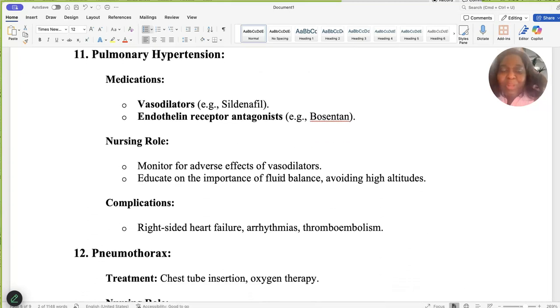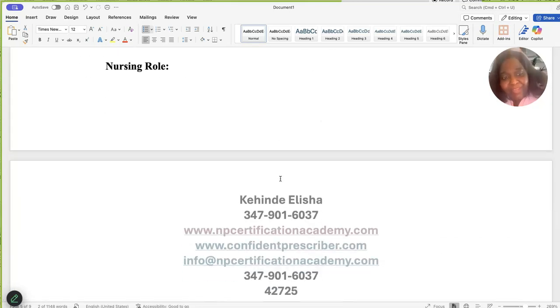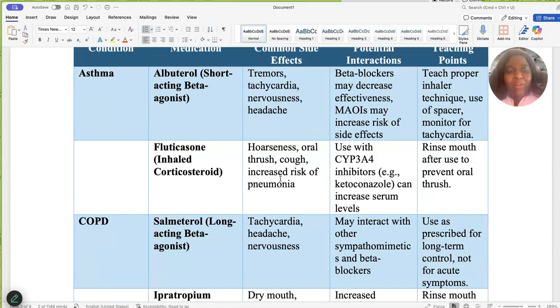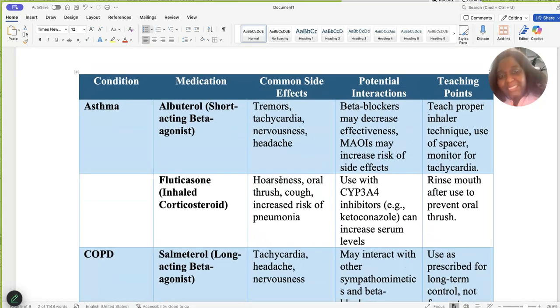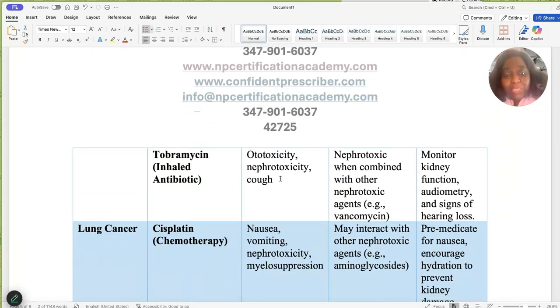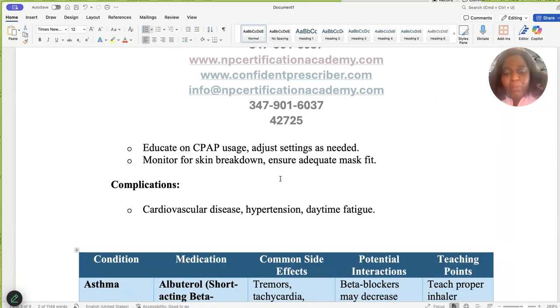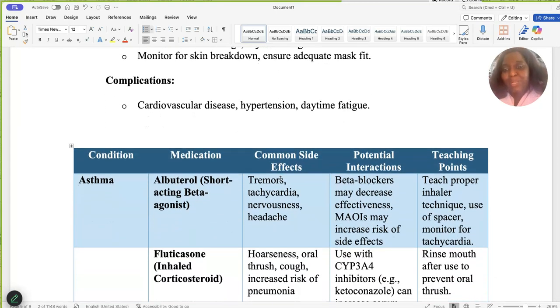We also went through pulmonary hypertension, pneumothorax, sleep apnea, right? And now we are going to go right to the meds that we generally use with the respiratory system. And not only the drugs, we're also going to talk about the common side effects that patients may encounter, as well as potential interactions and teaching points.